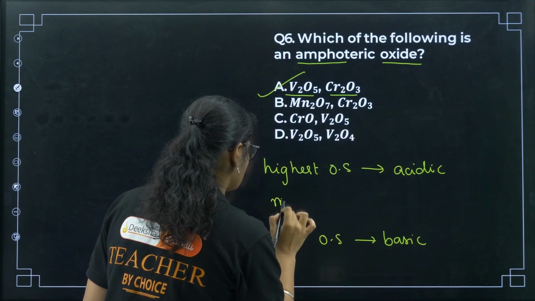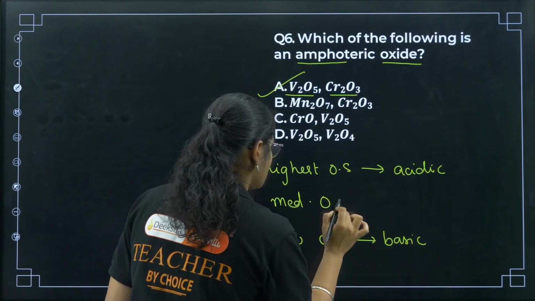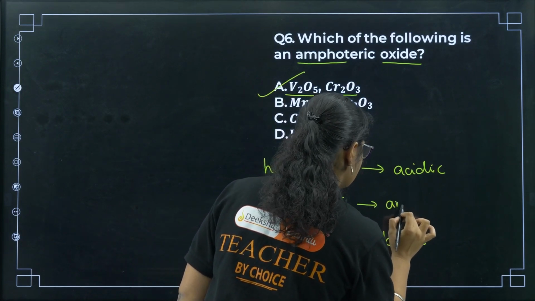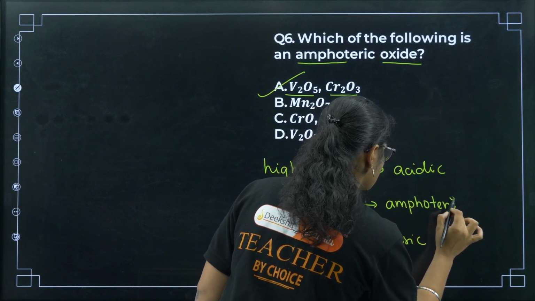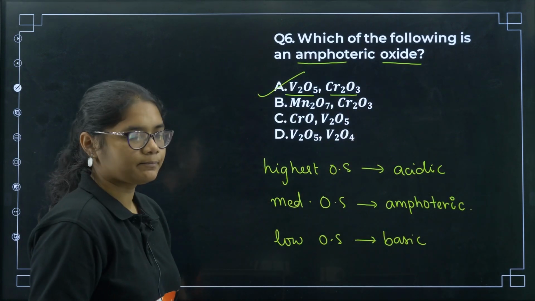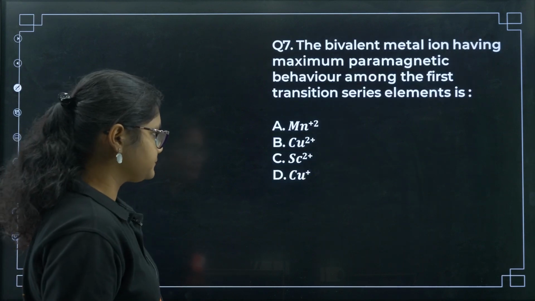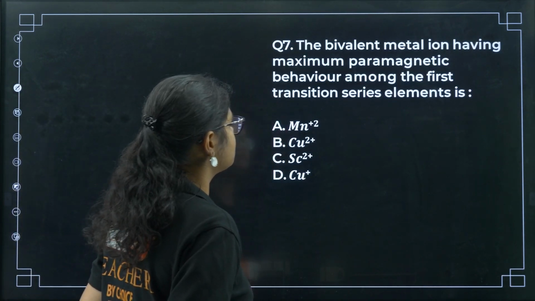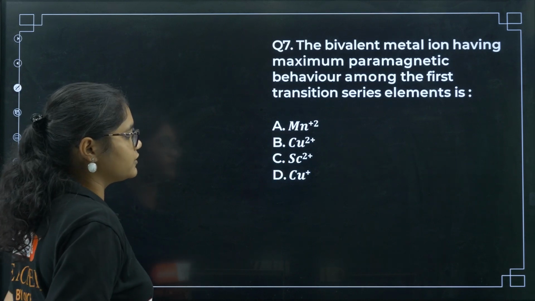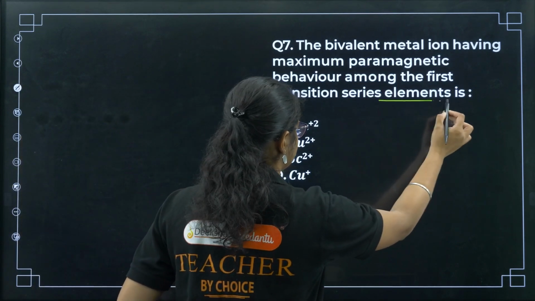If it is a medium oxidation number, then it behaves in an amphoteric nature. Okay, clear?